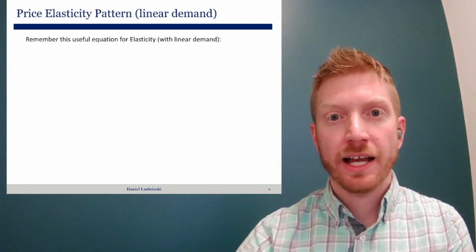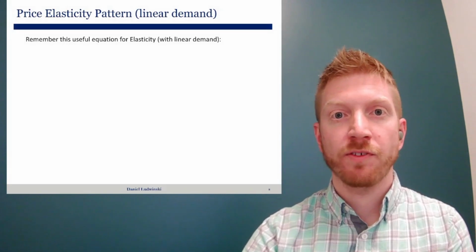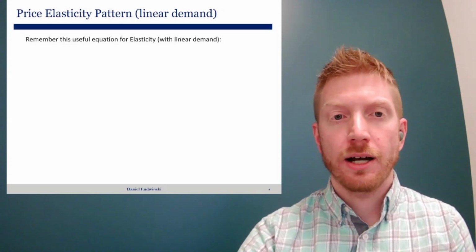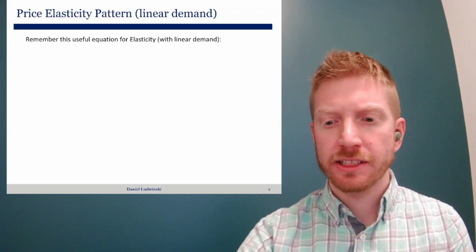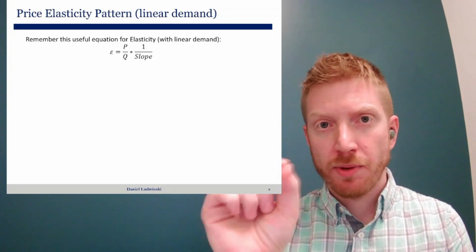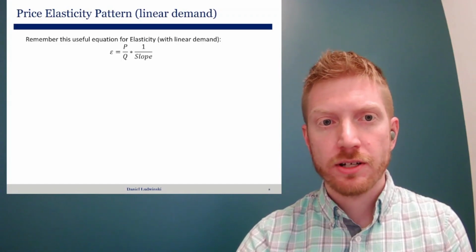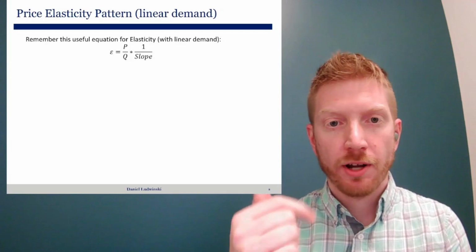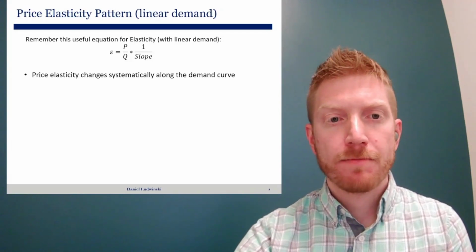Price elasticity, when we have a linear demand curve, which we will often be using in this class, follows a useful pattern in terms of being able to calculate it. So remember, we had derived this equation for elasticity that involves slope, the current price, and the current quantity.